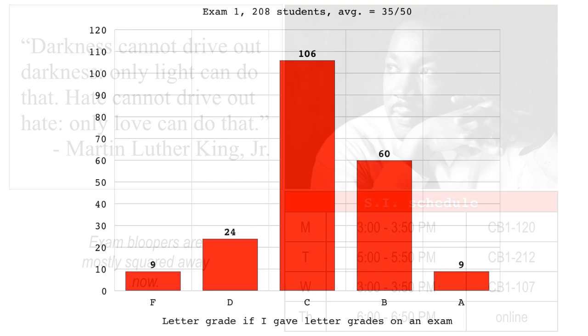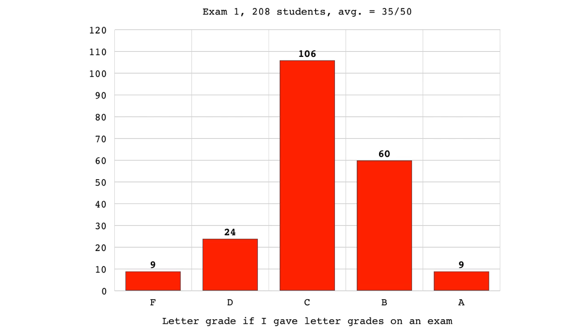About the exam. Here's the distribution of performance. I don't normally give a letter grade on a single exam. I usually just give letter grades at the end of the semester. But if I did, this is how the A's, B's, C's, D's, and F's would have shaken out for this particular exam.